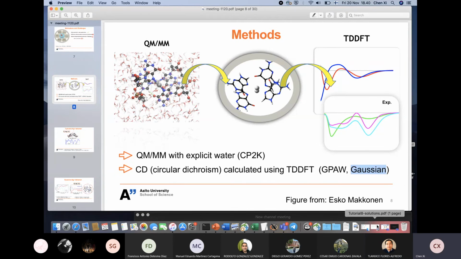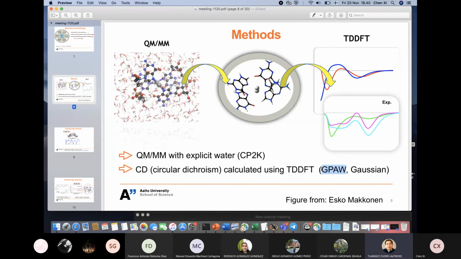Yeah. Another thing is we are not using a very expensive functional. We just use a GGA type of functional. The reason we use Gaussian is that at one point we want to check how the hybrid functional behaves. So using PBE is much cheaper, and it seems okay for this system.